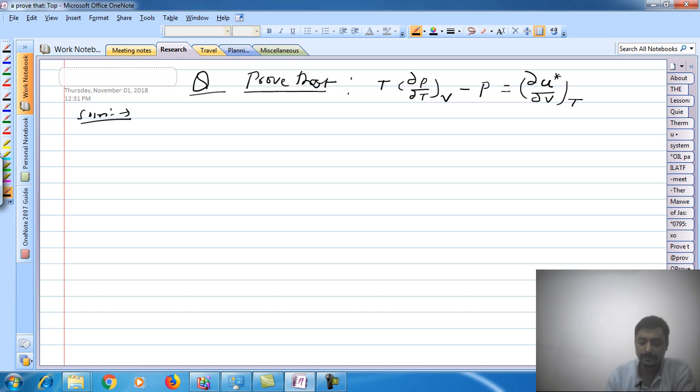So first of all, we have to write as per the TdS equation. We know that TdS is equal to du plus PdV.